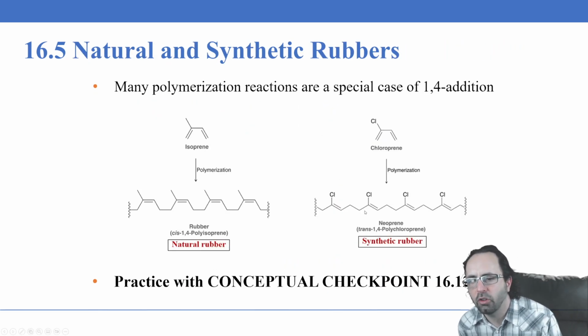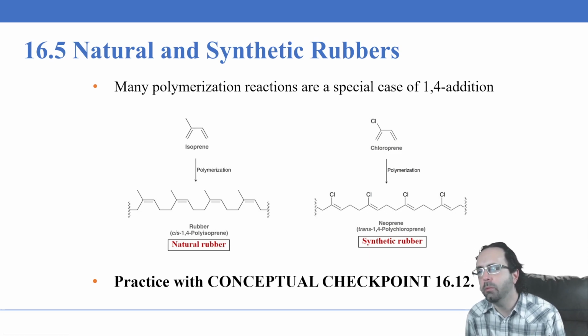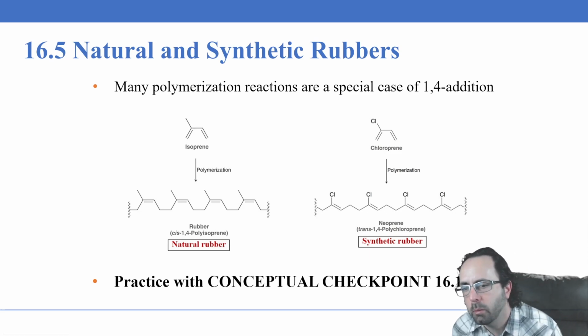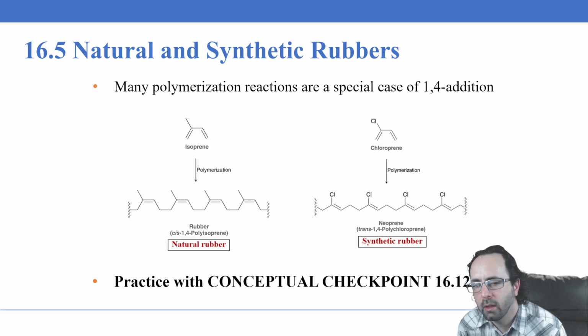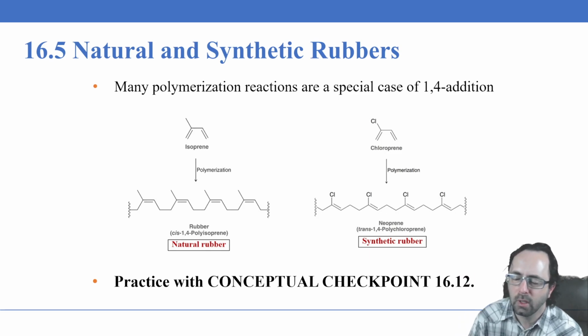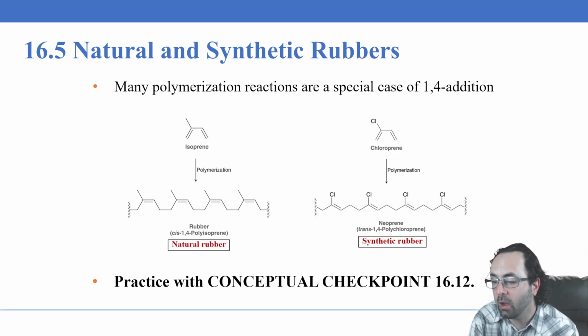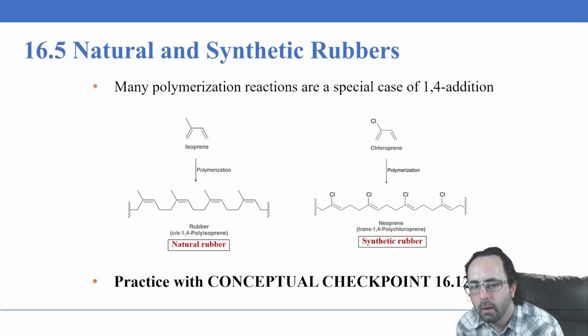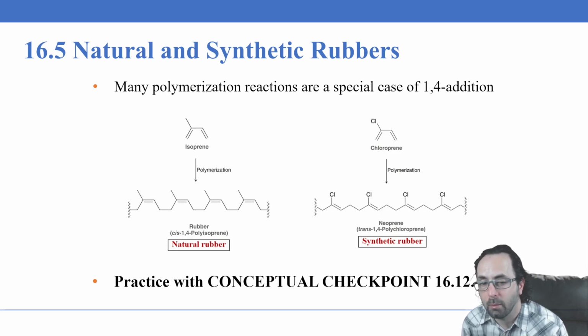One more thing to mention here is that when it comes to polymerization involving dienes, there's a different type of polymerization that can occur with dienes. When we talked about polymerization before, it was radical polymerization initiated with a radical initiator, and it went forward with a different mechanism.